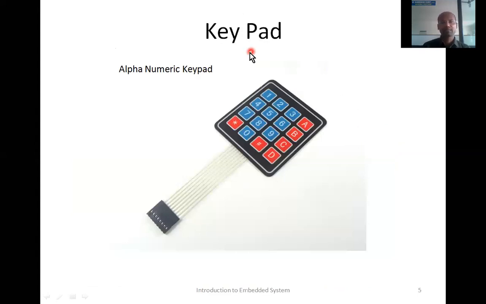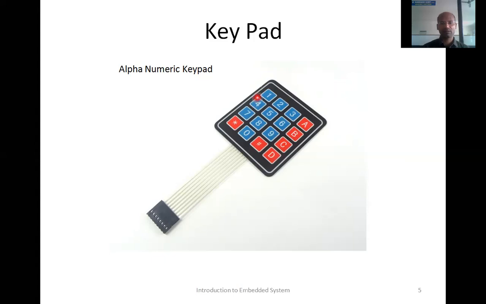Now, another type of input device called keypad. We can use switches, normal push buttons, as input devices. Sometimes they are not enough. In security systems, we need to give a password as input. In that case, push buttons are not enough.